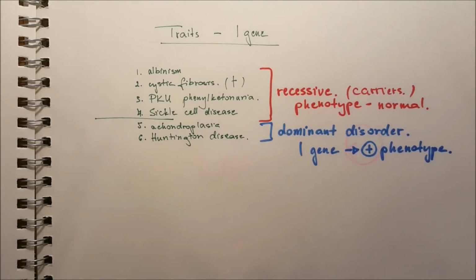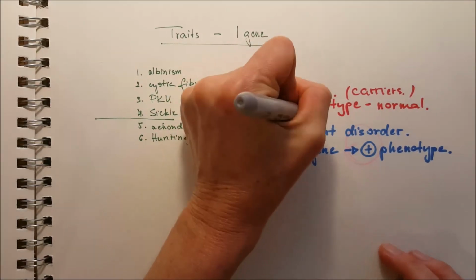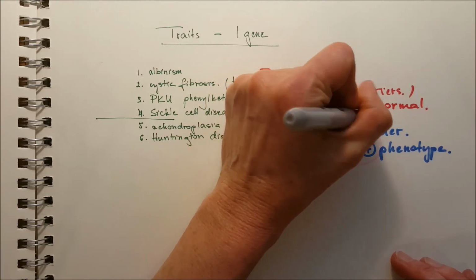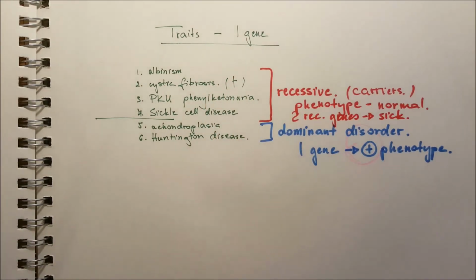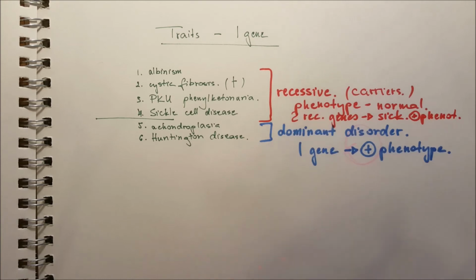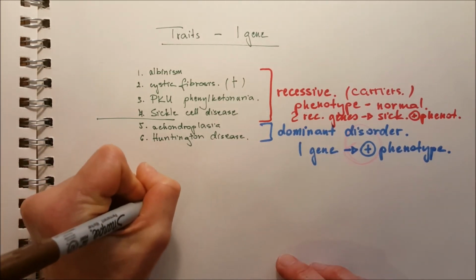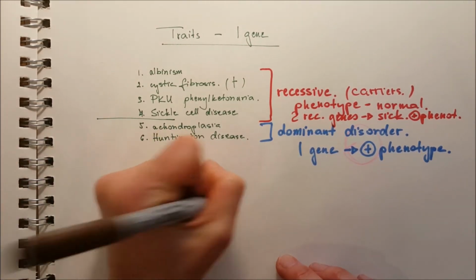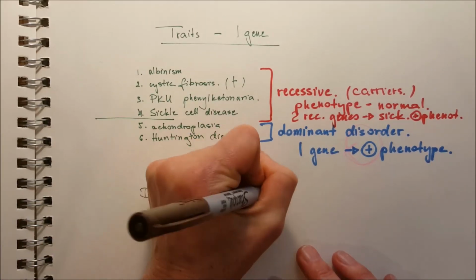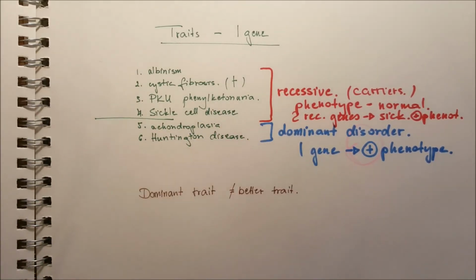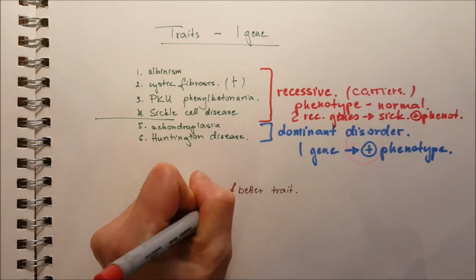With the dominant disorders, if one gene is present, the phenotype is positive, and that person will show that trait in its phenotype. Although the dominant trait, don't think that it's a better trait. Think about it as: it will be seen in the phenotype.